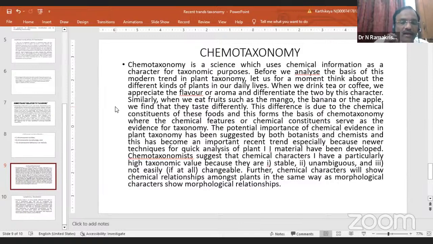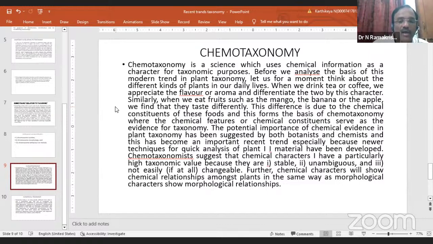Very simple, once again. First point, a taproot system is there. Second point, the stem is aerial, monopodial and sympodial. The leaves have alternate arrangement. What type of floral characters? Calyx 3, corolla 3, numerous stamens.